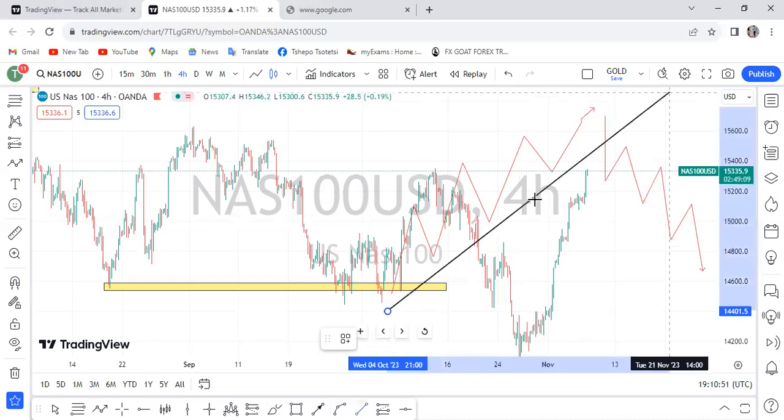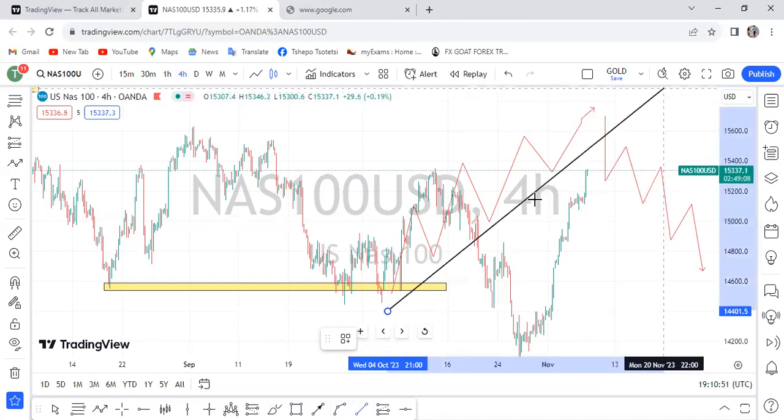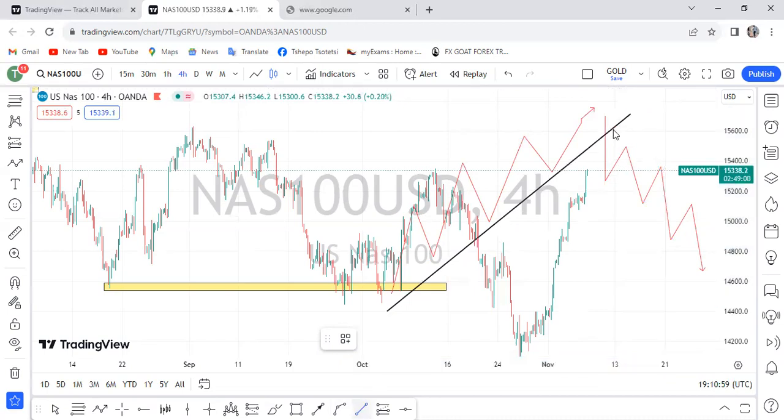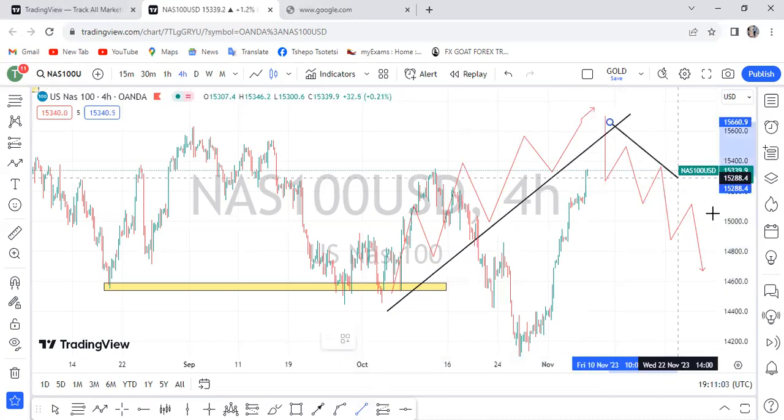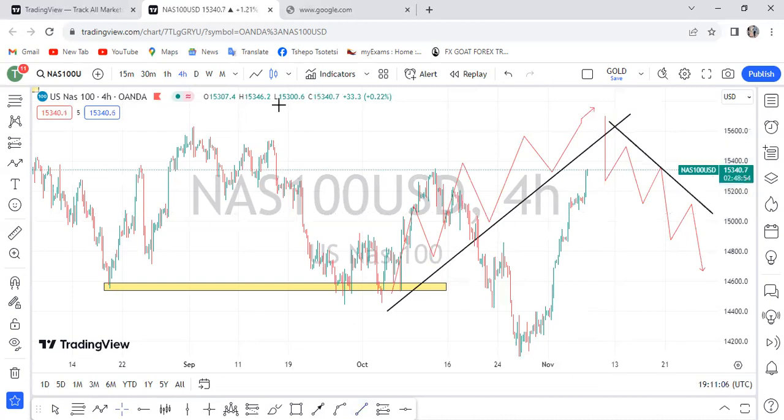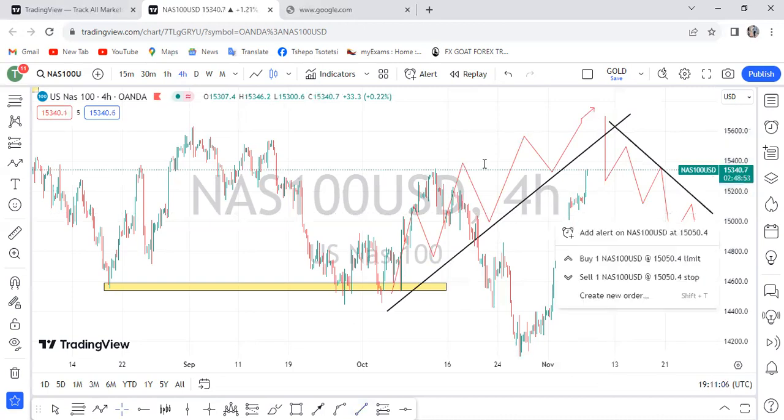This is the structure of the uptrending market. When the market is going in a downtrend, it's making lower lows and lower highs. Is it clear, guys?